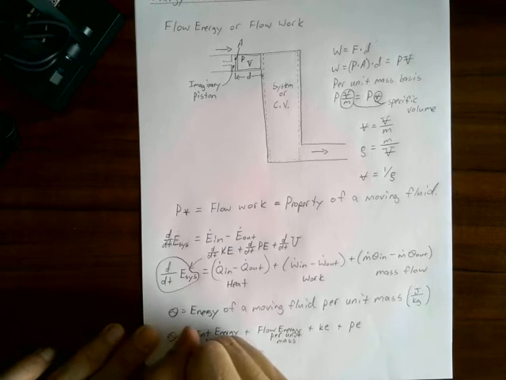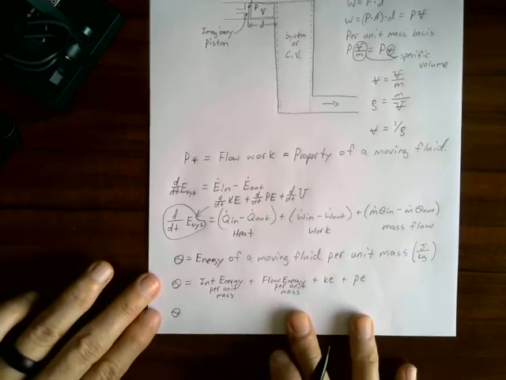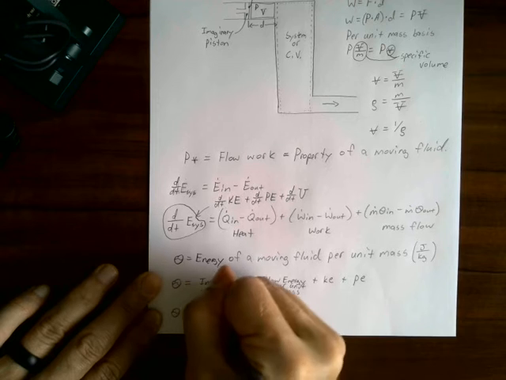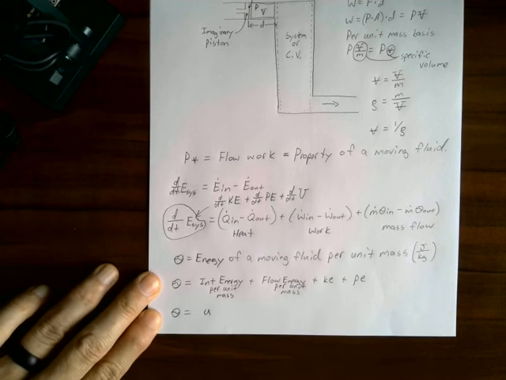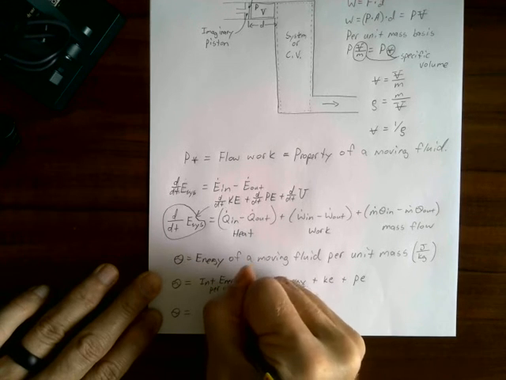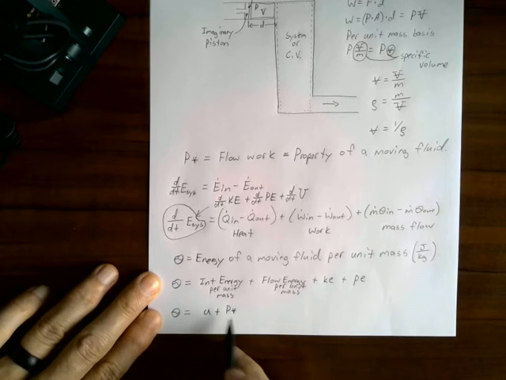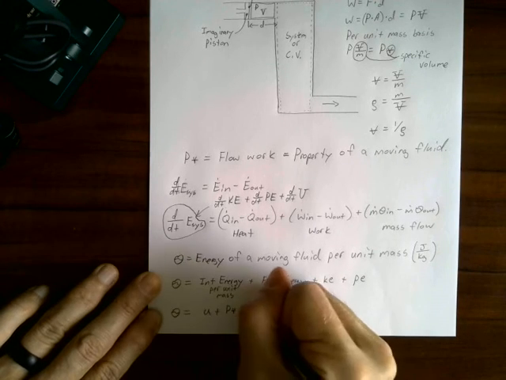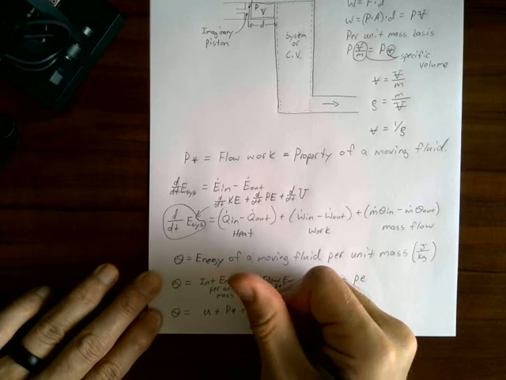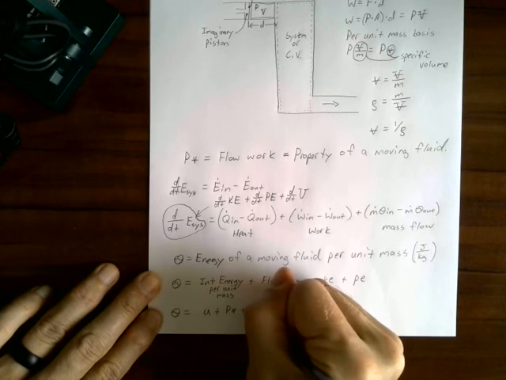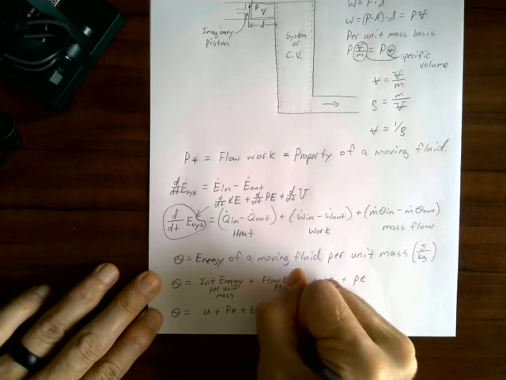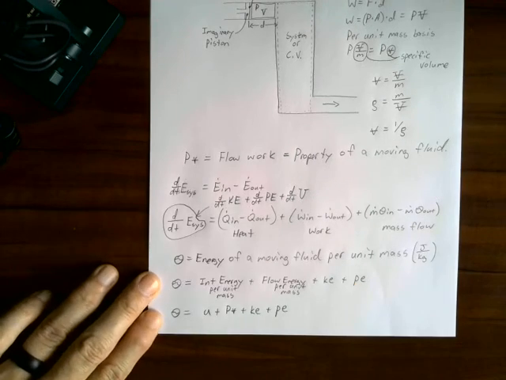And so the internal energy per unit mass is given by lowercase u. The flow energy per unit mass is the pressure times the specific volume plus the kinetic energy per unit mass plus the potential energy per unit mass.